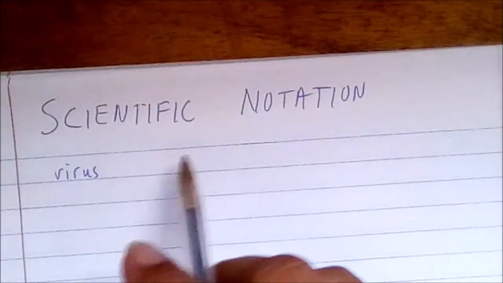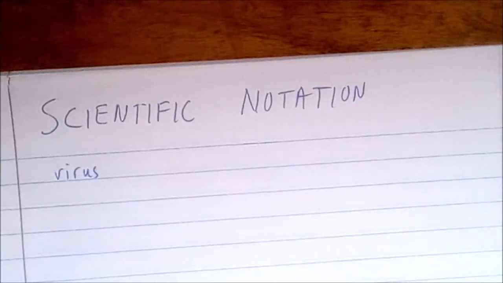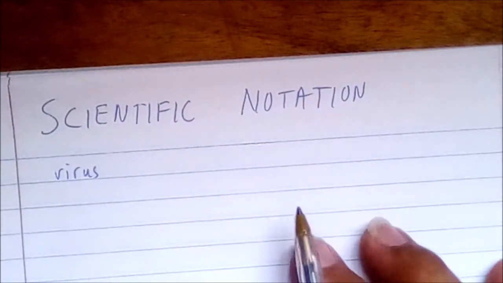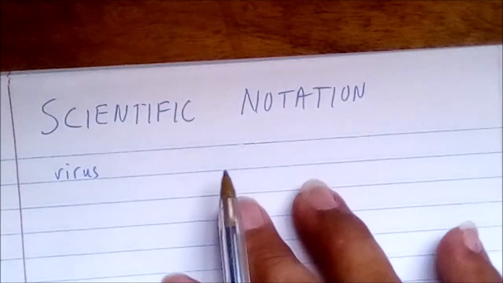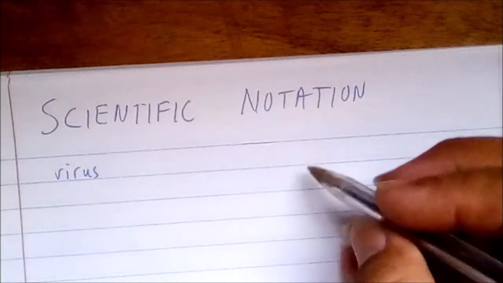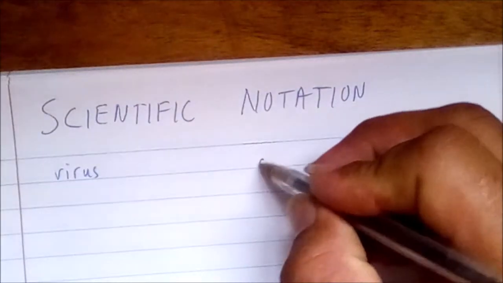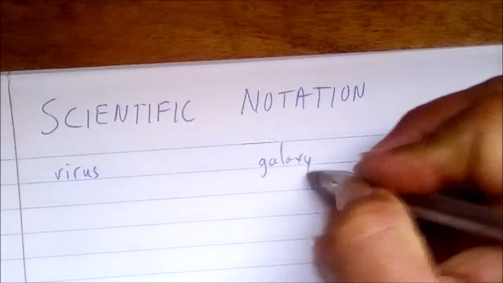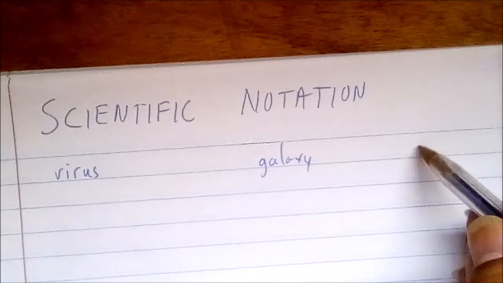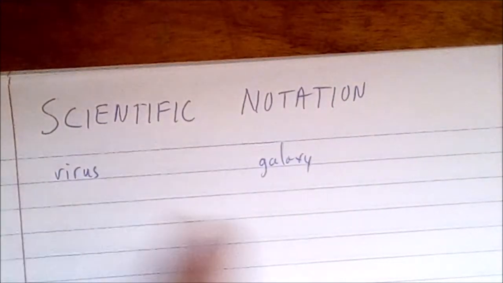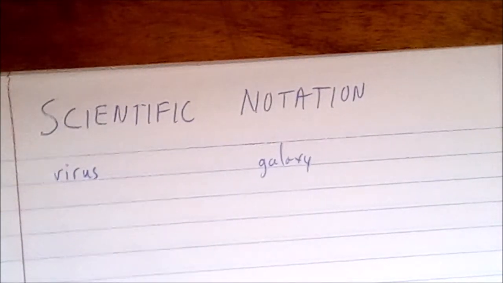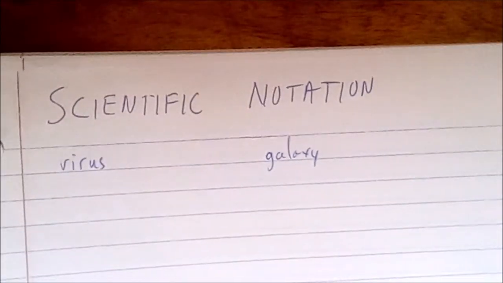So this is what we use, scientific notation, as well as for the distance around the planet Earth, or from one end of the Earth to the other side. Or we have our galaxy, from one point to another point, that's a very far distance. We don't have pictures for these ones here, but just keep that in mind. The main idea here is to measure large distances or small distances.